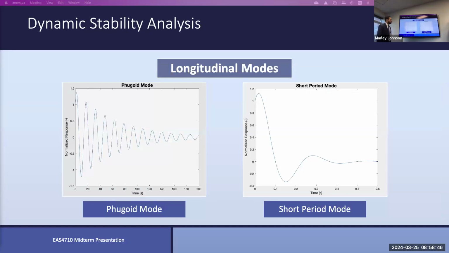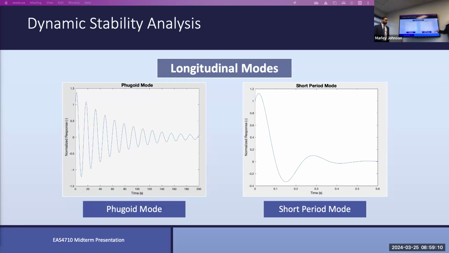And then moving on from that, we also did the dynamic stability analysis. So we started by running another XFLR simulation to get the eigenvalues for five different modes. Starting with the longitudinal modes, we analyzed both phugoid and short period. The response of the short period mode was as expected, pretty quick.